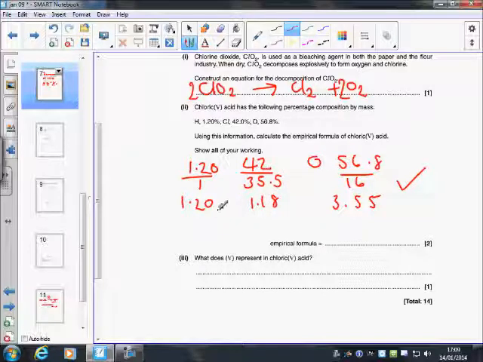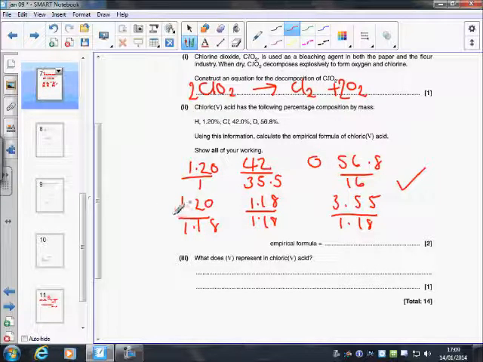So you divide by the smallest. Okay, so the smallest is 1.18. Which is 1 here, 1 here, and you get 3 for this.